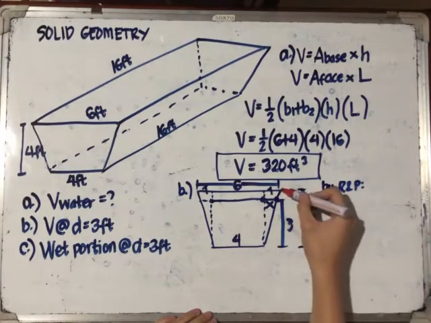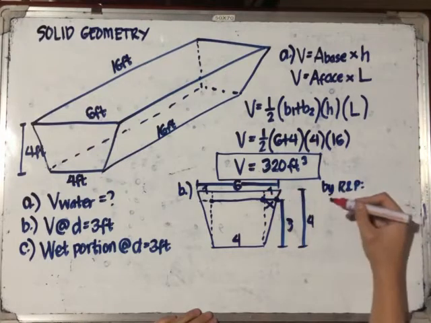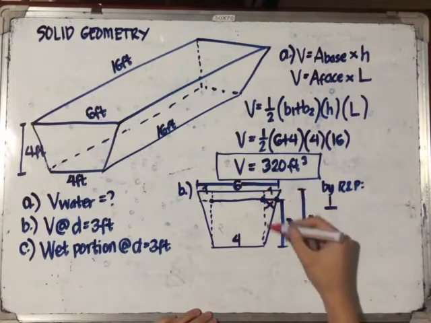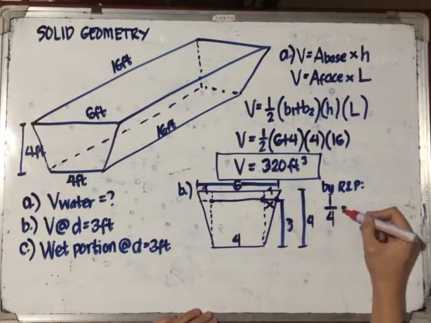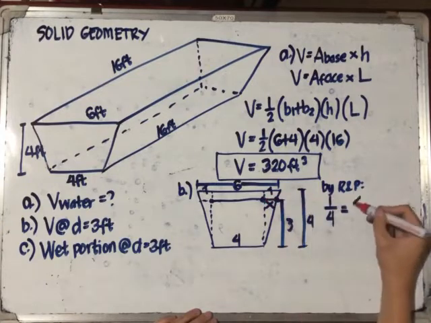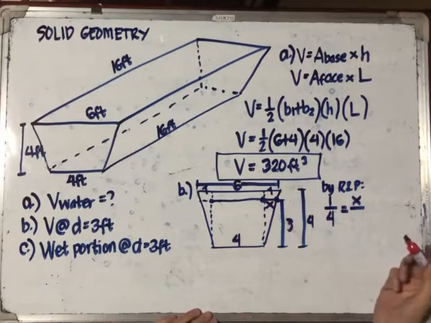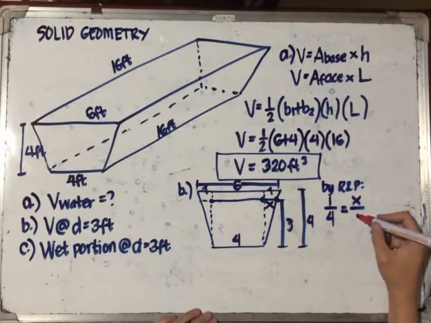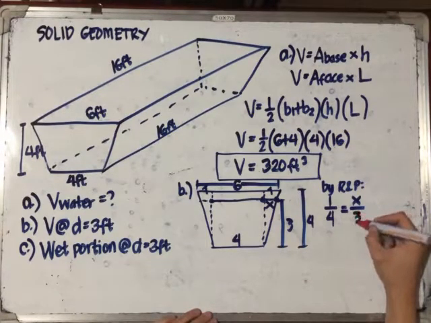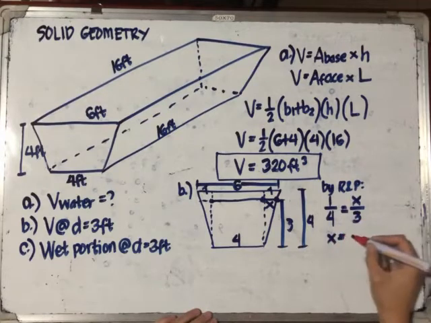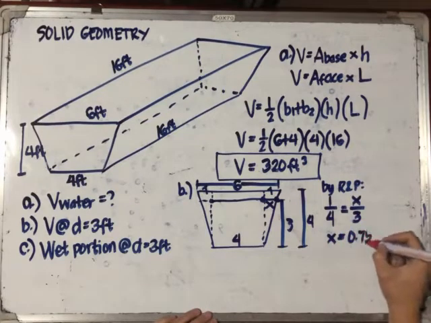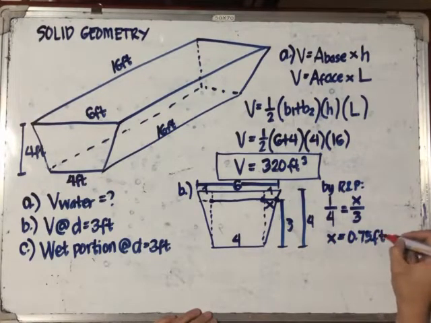What we have here is 1, itong sobra, 1 tayo dyan, over the total height 4 is equal to x over the total height here, which is, how much is this? 3. So, that would give us an x value of 0.75 feet.